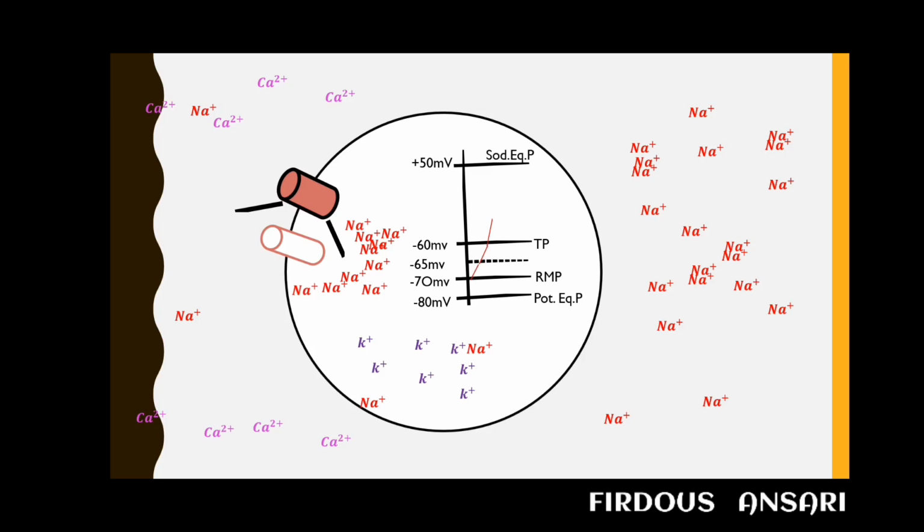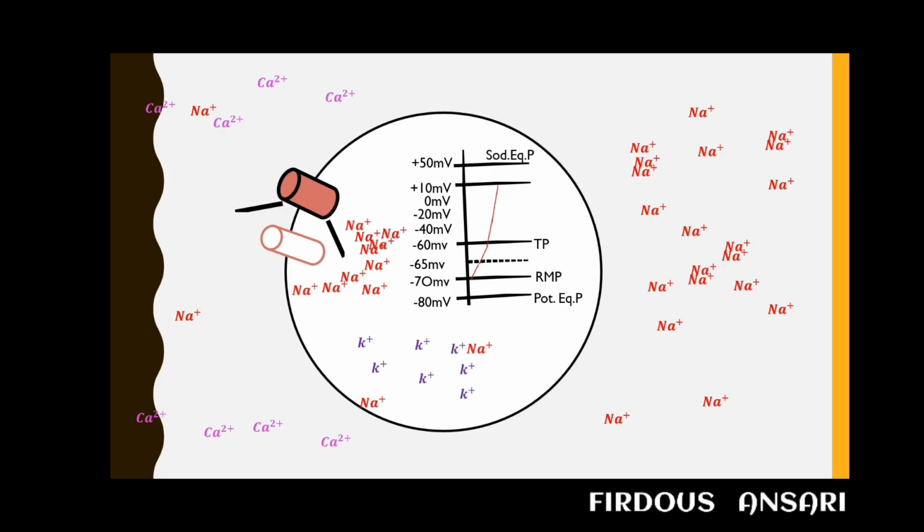Since a large amount of sodium ion has been moving inside the cell, the potential of that neuron will keep moving to the positive side, like minus 40 millivolt to minus 20, 0, and even plus 10 millivolt. Now the potential of this neuron is plus 10 millivolt. Before, at resting condition, the voltage was minus 70 millivolt, and now it has become plus 10 millivolt.